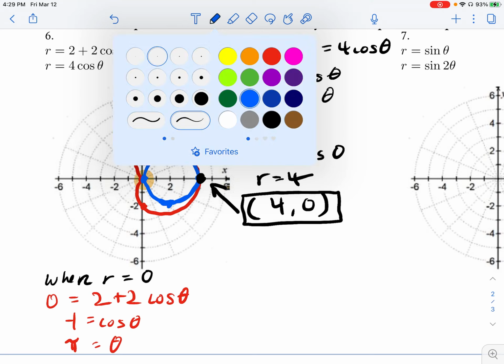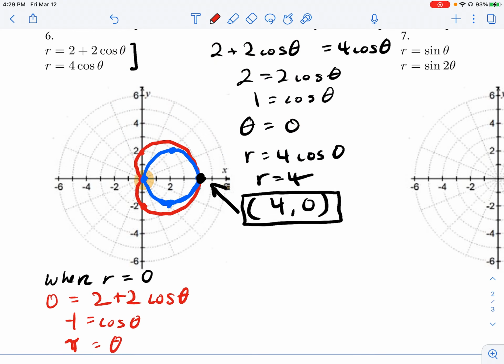Now let's look at the second equation. So that first coordinate would be 0, pi. Now let's look at the circle. When r is equal to 0 for the circle, what is theta? We set r equal to 0 and solve.